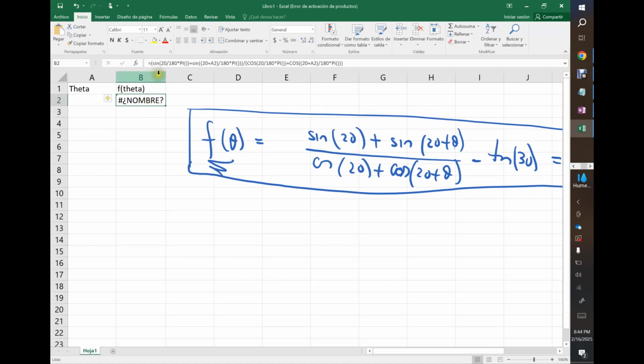Still something is not right. Let's figure out what that might be. Sine. I got cosine here. That looks good. How about the sine here? That doesn't look good.